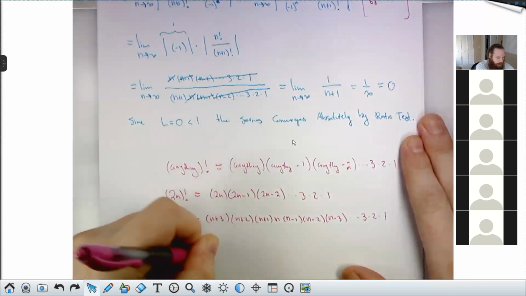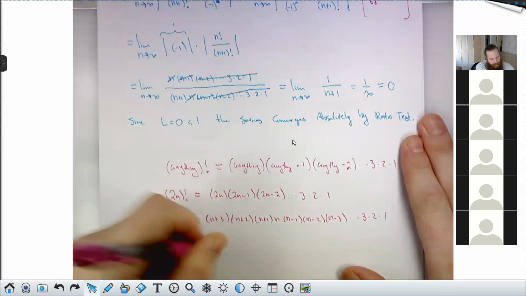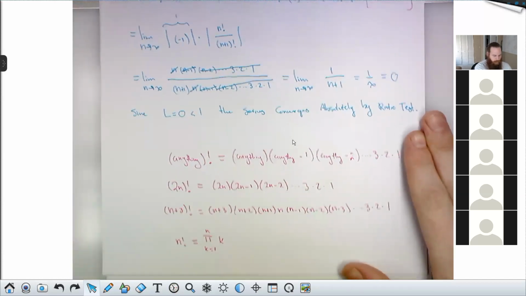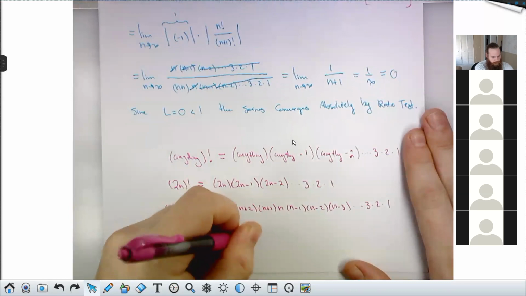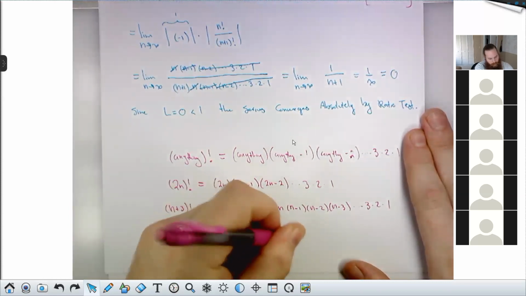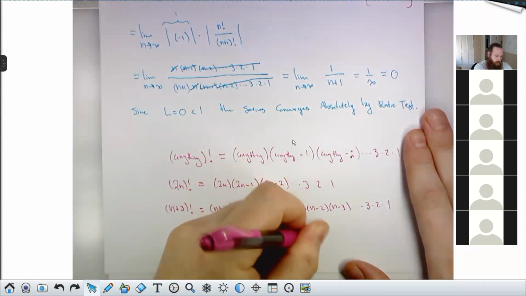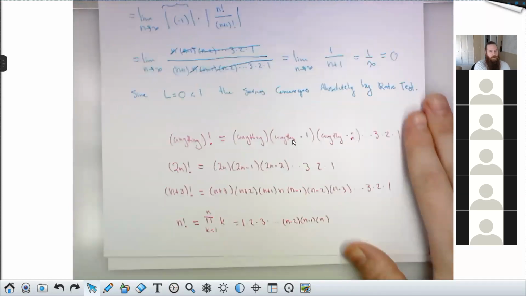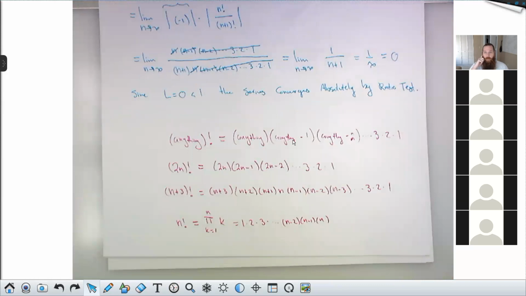It's the product from 1 to n of k, which is just 1 times 2 times 3, n minus 2, n minus 1, n. To take the factorial of something is to multiply all of the positive integers less than or equal to that thing.